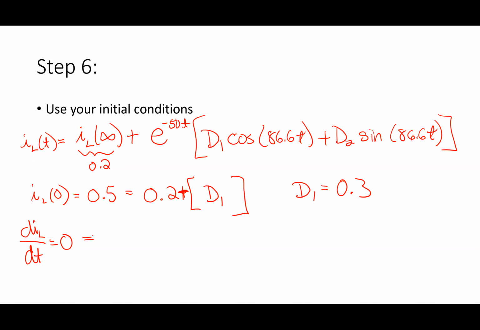I've got e to the negative 50t, so I'm going to do it this way: e to the negative 50t times, what's the derivative of d1 cosine 86.6t? Negative 86.6 d1 sine 86.6t.